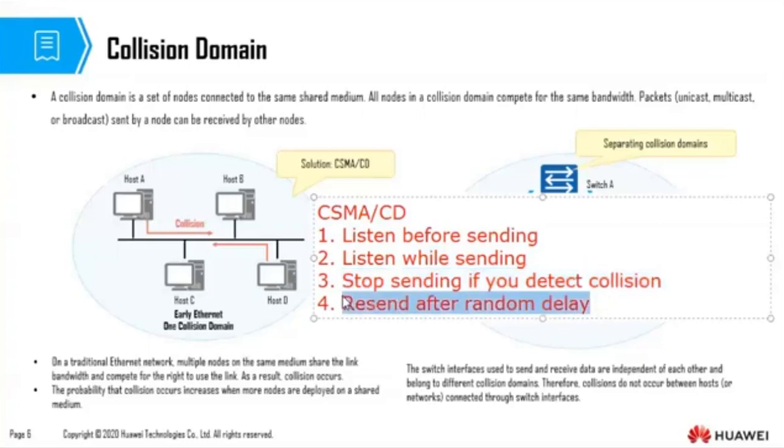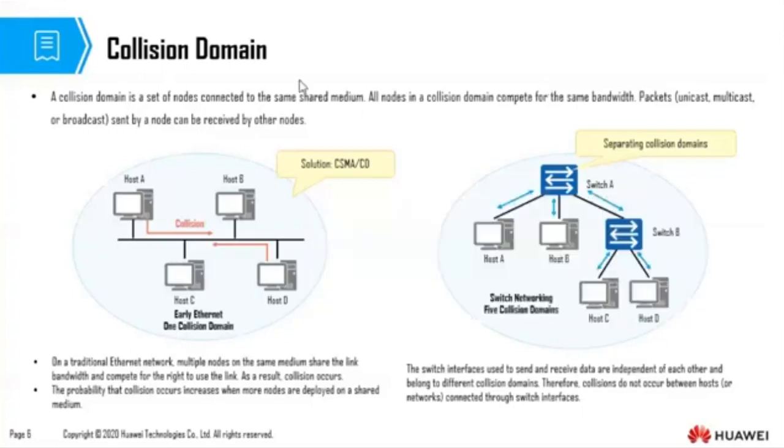That is, you listen. If no one is using the medium, then you can start sending. So that is how carrier sense multiple access with collision detection works to reduce the chances of collision occurring or to resend data in case collision occurs. Carrier sense multiple access is on a shared medium. So that's how it works.